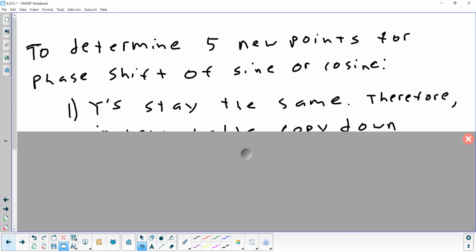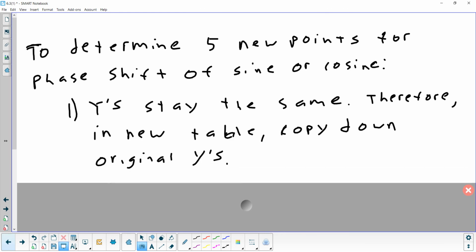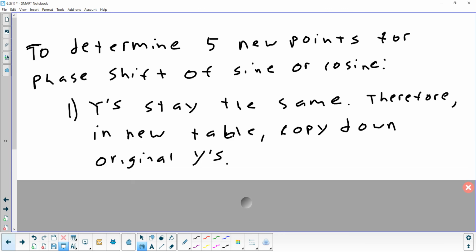So, step one, when you're doing a phase shift, the y values in the original table do not change. So what I'm going to look for in your answer is, I'm going to look for a table. That's how the test will be set up. You're going to see a table.